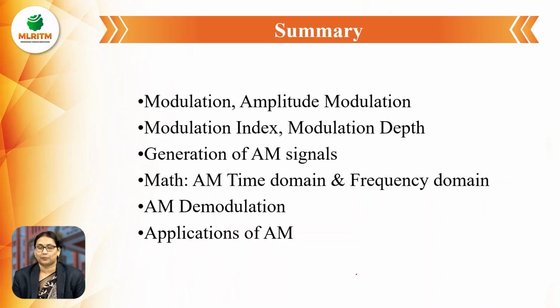The definition of modulation is that a characteristic of the carrier wave is varied in accordance with the instantaneous values of the modulating signal. The characteristics are amplitude, frequency and phase. If the amplitude is varied, then that is called amplitude modulation. This is all about amplitude modulation in analog and digital communication systems. Thank you.